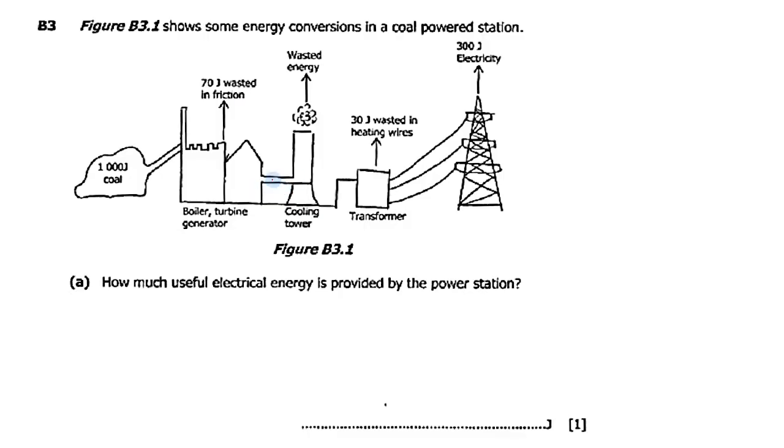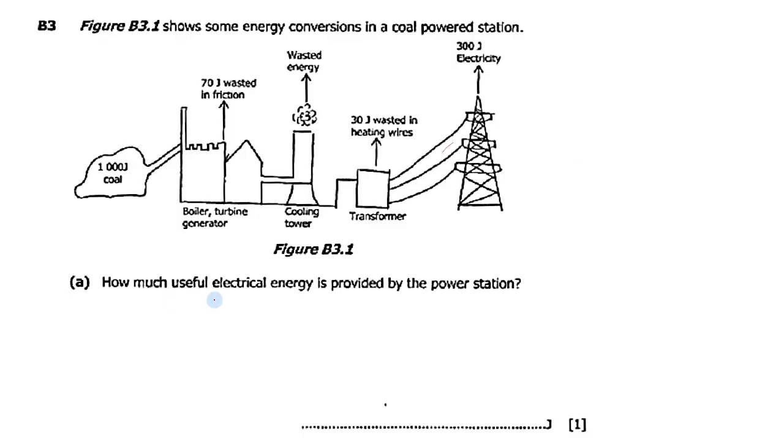Then some energy is wasted in the cooling tower. Then 30 joules of energy is wasted in heating wires in a transformer, connected to the tower. Then 300 joules of electricity goes into the supply.